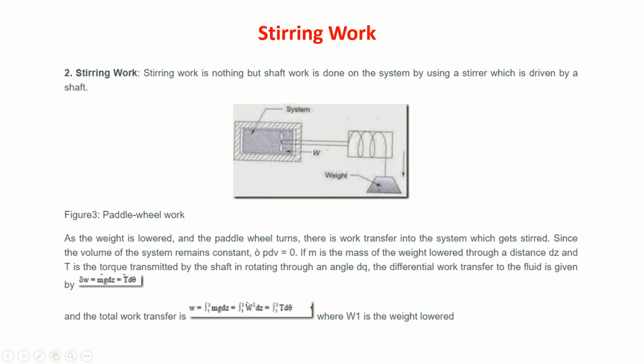This is the work done for all the small displacements. This mg is nothing but weight. So this is weight. This is not work. Don't mistake it for work. This is work equals weight into dz. That's the meaning of that. Okay. So we can calculate the stirring work.